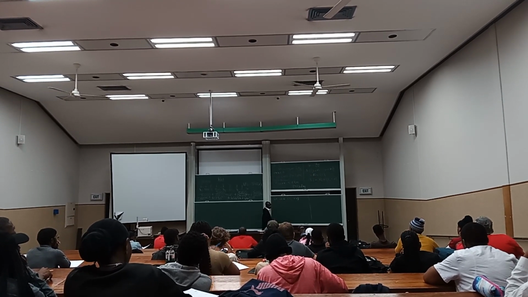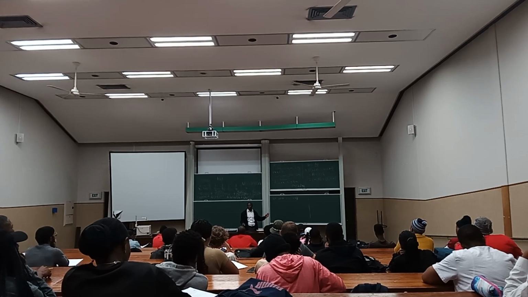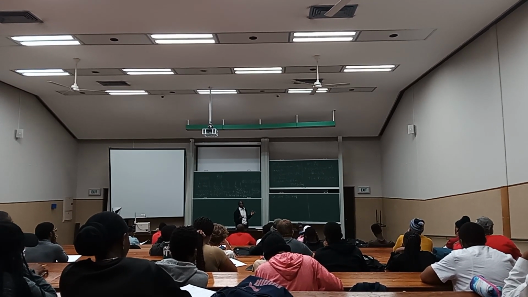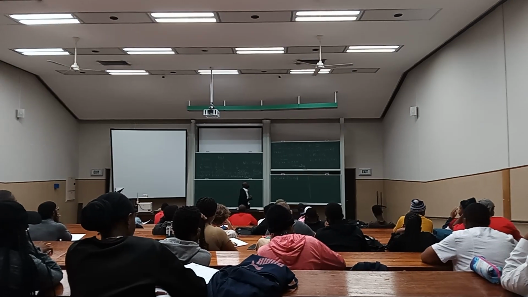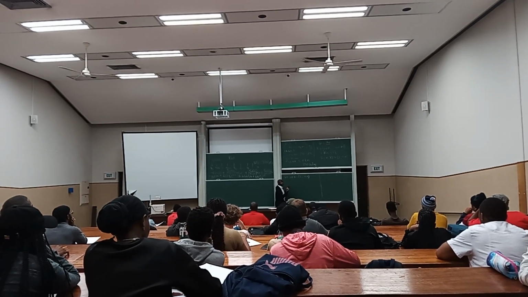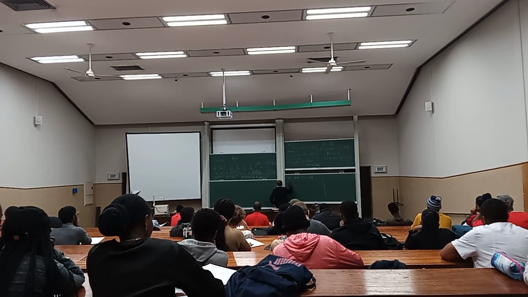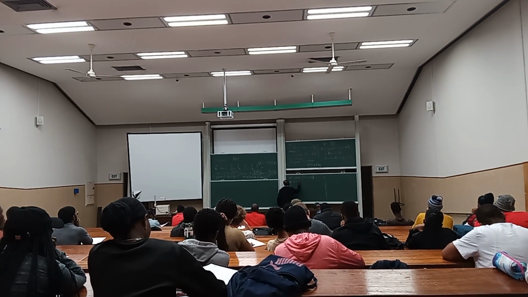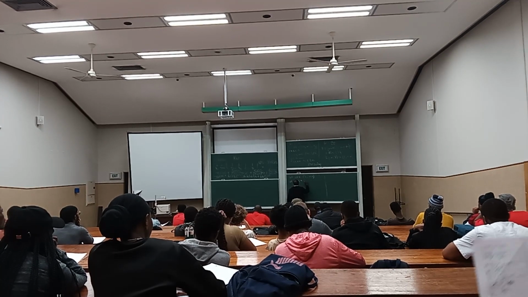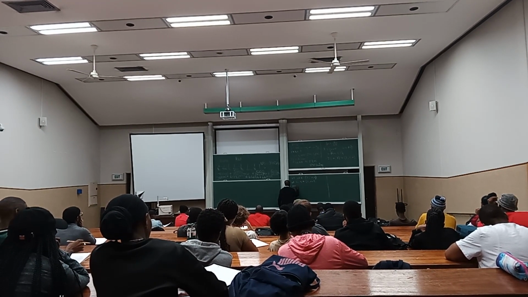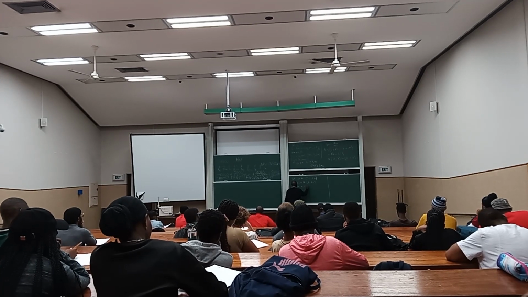If I want to prove that the function is increasing or decreasing, what should I do? We need to take two arbitrary numbers. So let x1, x2 be in my interval 2 to plus infinity. Assume that x1 is less than x2.